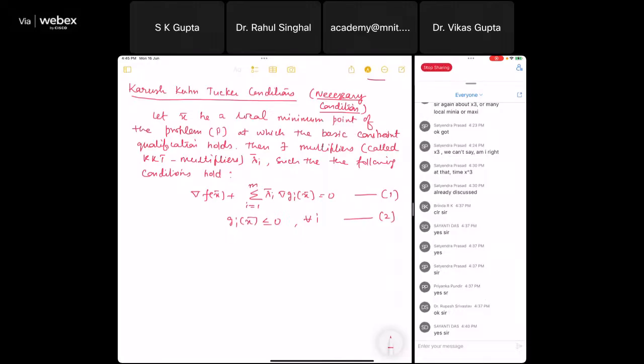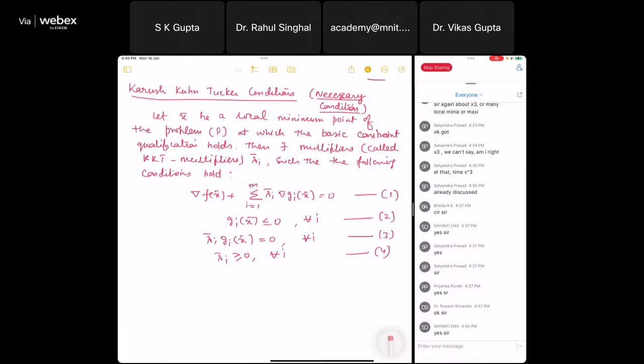The third condition is lambda i bar gi x bar should be equal to 0 for all i. And lambda i bar should be non-negative for all i. It's the fourth condition. So these are basically those conditions.